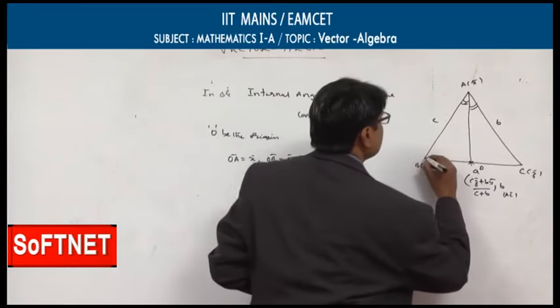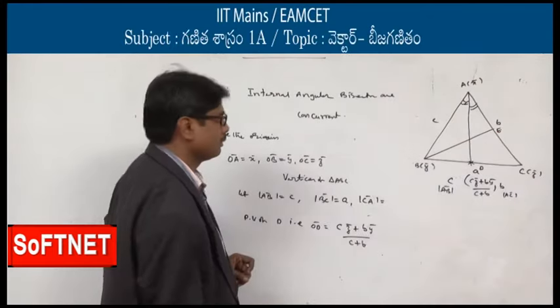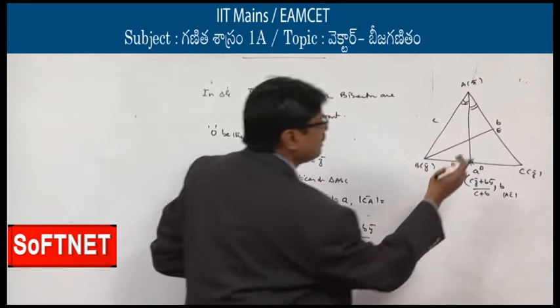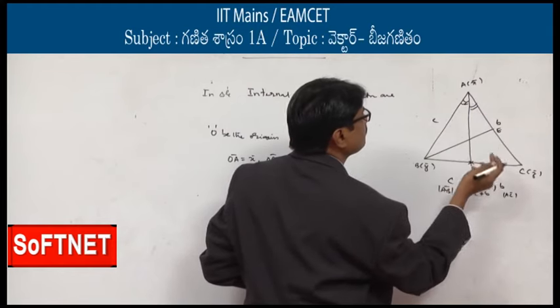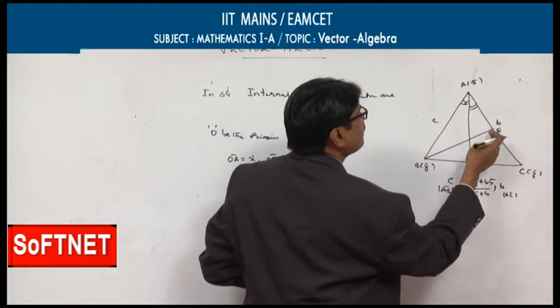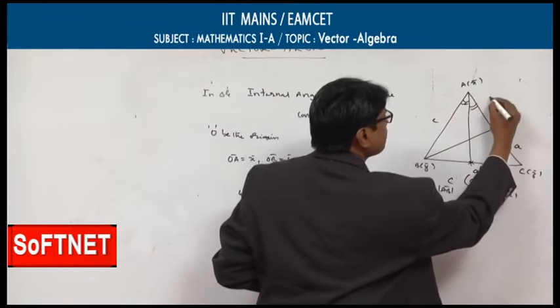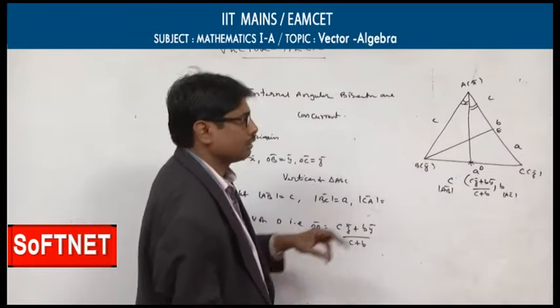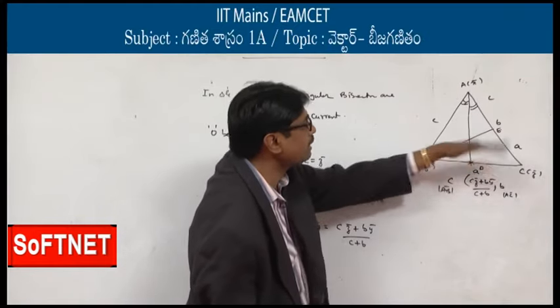Similarly, we define BE bar, the other angular bisector. Again, E divides AC in the ratio of A is to C. The point E divides AC in the ratio of this side and that side.